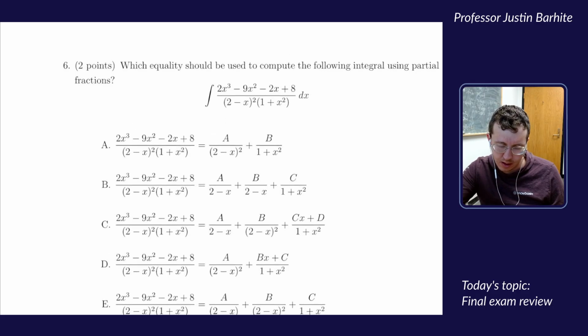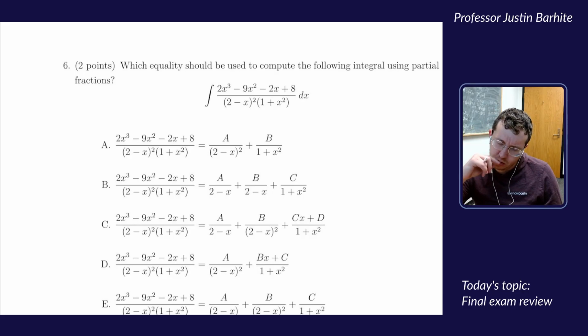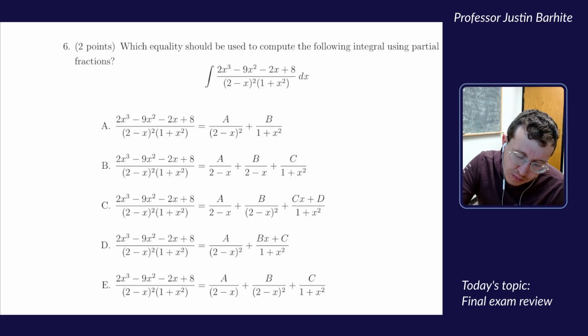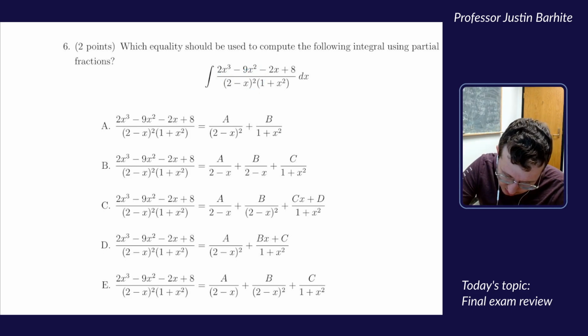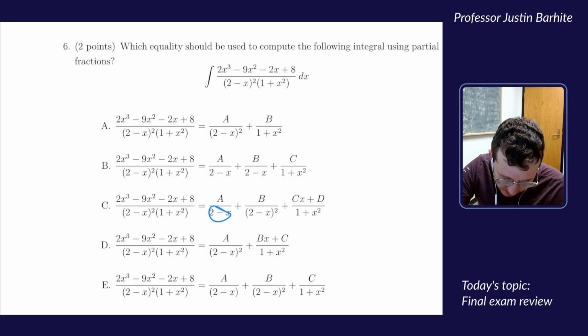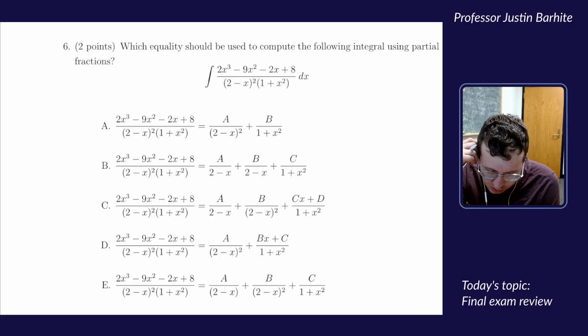Okay. Which equality should be used to compute the following integral using partial fractions? Oh, okay. So because of this 2 minus x squared, there should be a fraction with a 2 minus x in the denominator, and then also a 2 minus x squared.